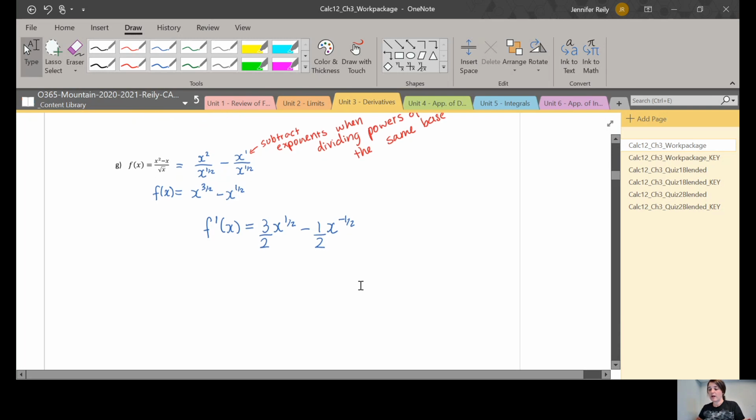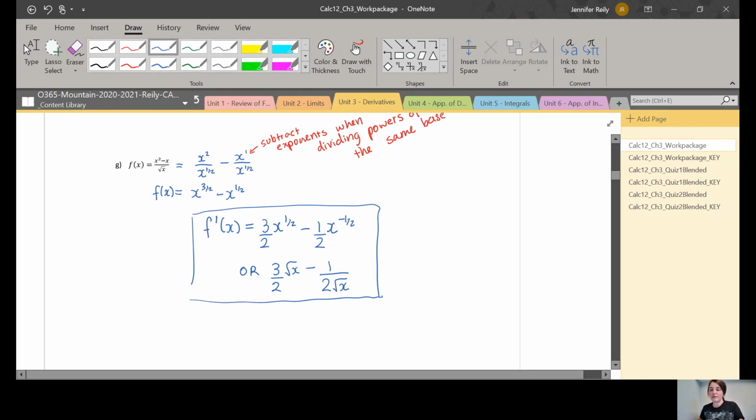You can write your answer like this, or in the answer key, you may see it written with the square roots. And remember, you can bring the negative power into the denominator to make it positive. Either answer is acceptable, both are totally fine. I'll accept both on the test. It's actually better to leave it in the first form so you don't make a mistake changing it over.